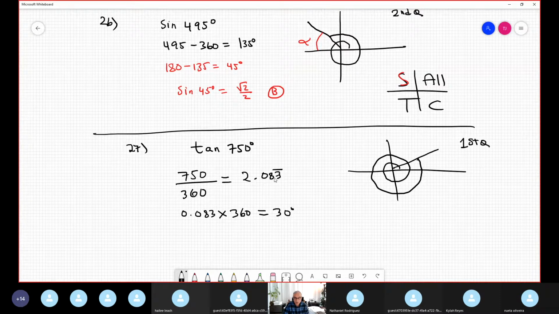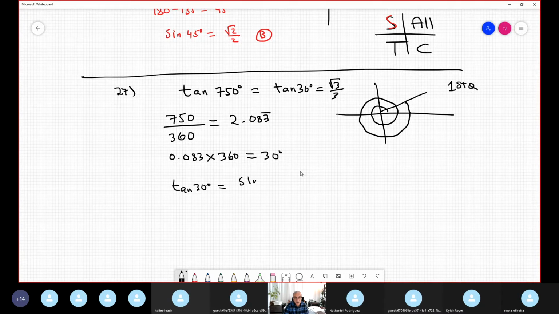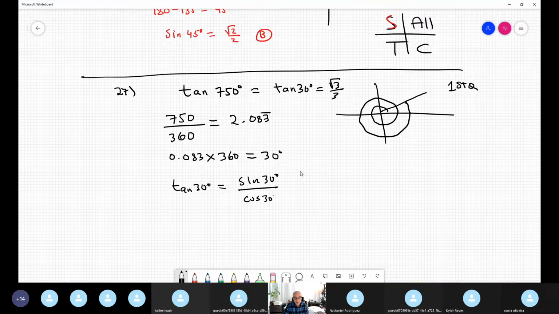In the first quadrant, all trigonometric functions are positive, and this is equivalent to tangent 30 degrees. And tangent 30 degrees, I know by memory, is radical 3 over 3, no? So if you don't know it by memory, no problem. Because I know sine and cosine, using the identity, tangent 30 degrees is equal to sine 30 degrees divided by cosine 30 degrees.